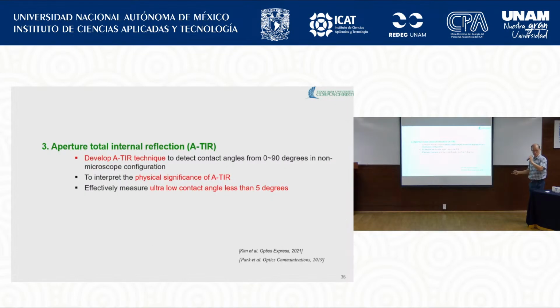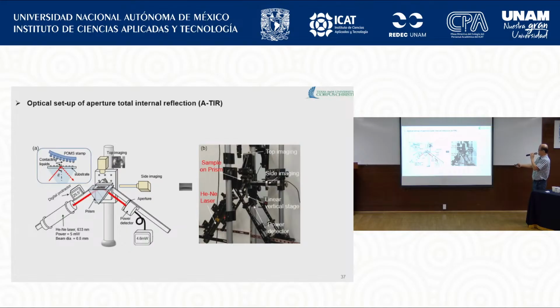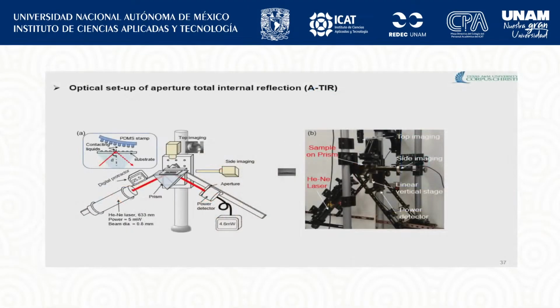I think I have more time, right? Yes. Yeah. Now I want to talk about the aperture total internal refraction, called ATIR. Okay. And this one is also meant to measure lower contact angles, less than 5 degrees. Okay. Now the ATIR is pretty similar to the previously talked refraction interference fringe setup.